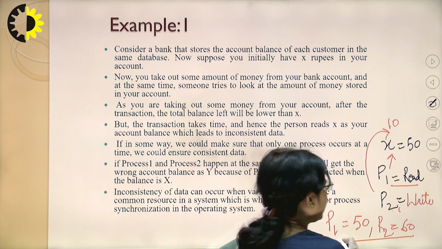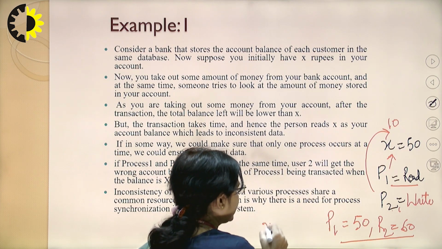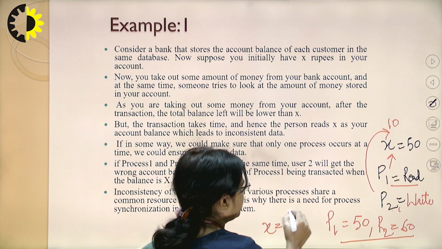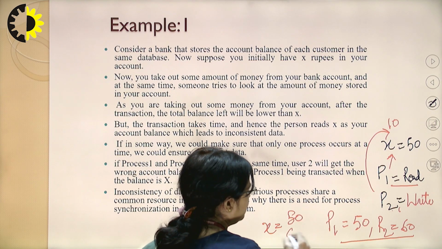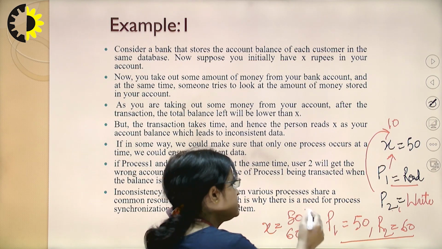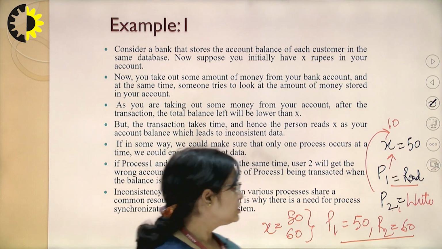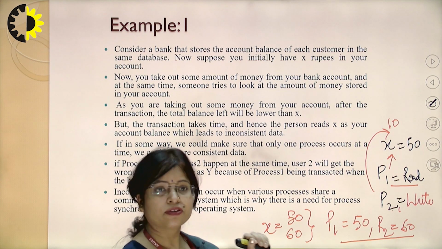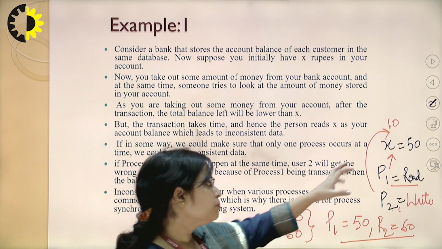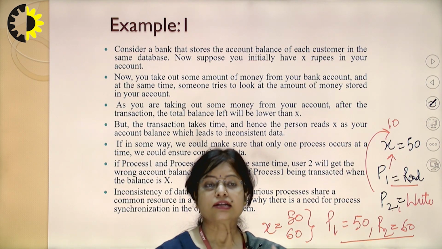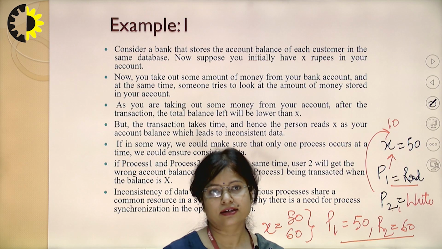So at a time the value of X is 50 and 60. So this is a data inconsistency. This is the problem of race condition, when both the processes are saying that their result is correct.